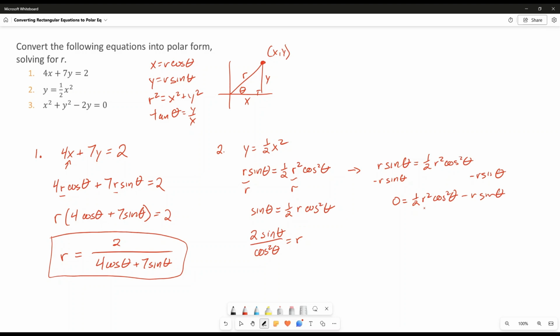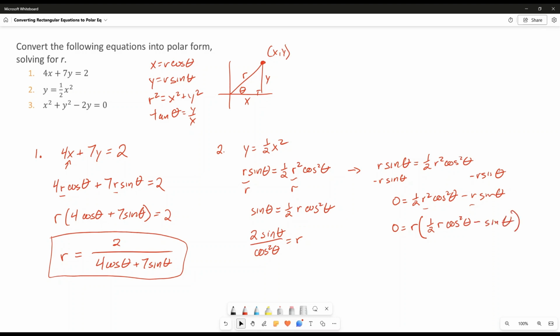And so of our two terms, I have an r squared with the cosine, and then I have an r with the sine. So I could actually factor a single r out of both of those. So if I pull an r out, I'm going to be left with r times the quantity 1/2 r cosine squared theta minus sine theta.